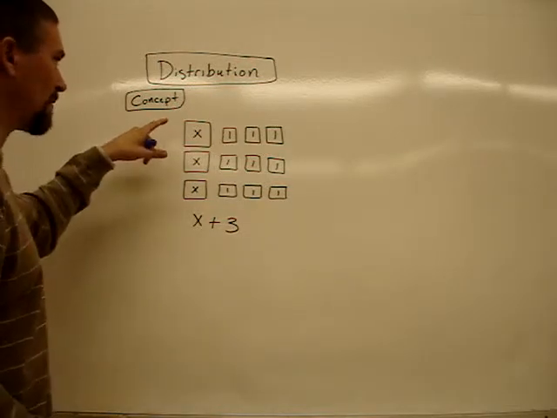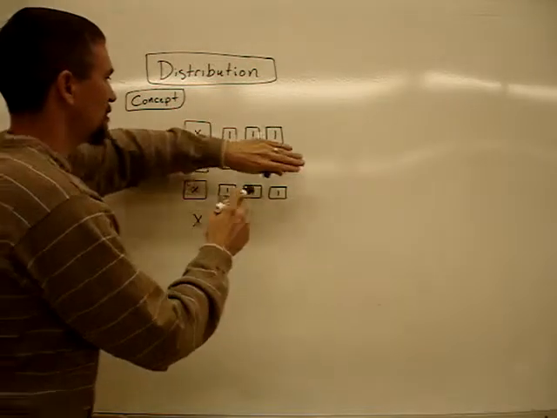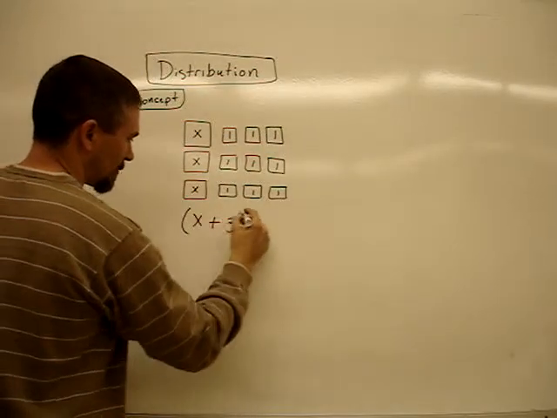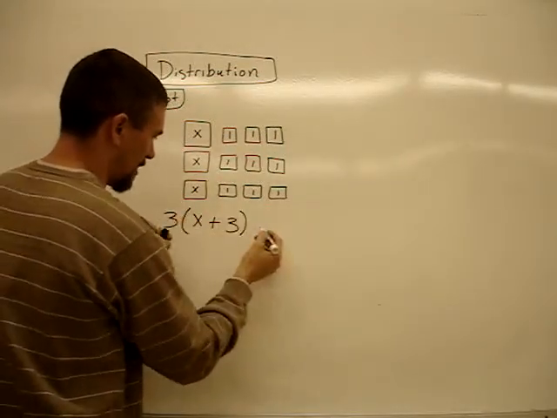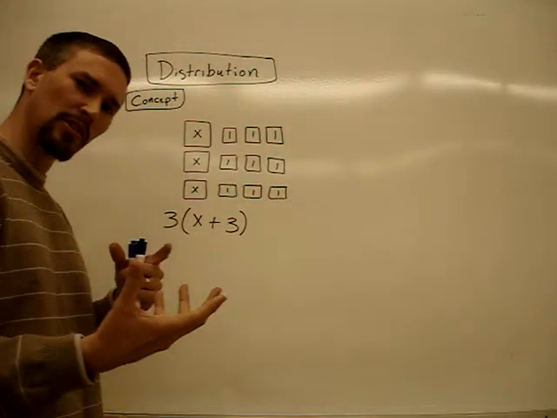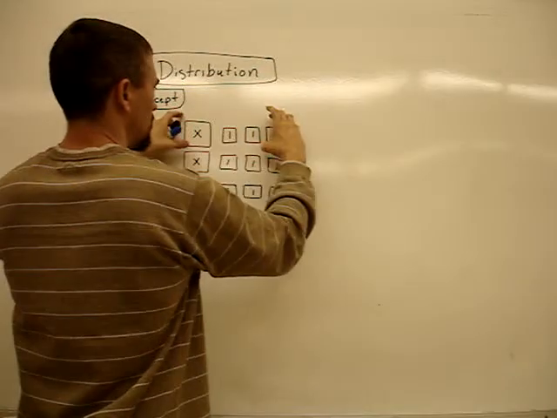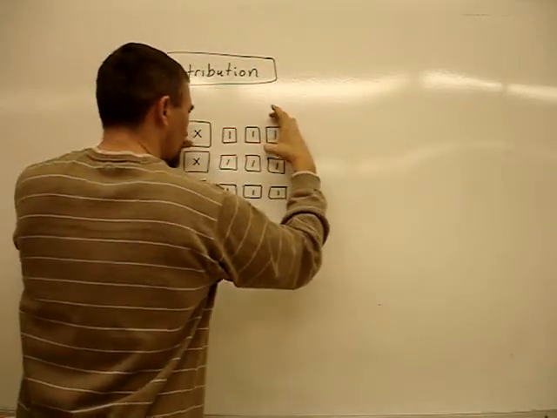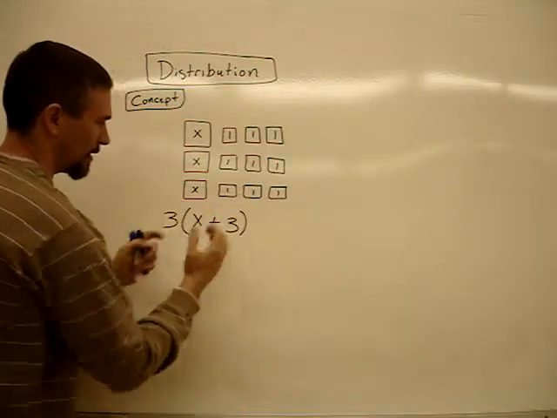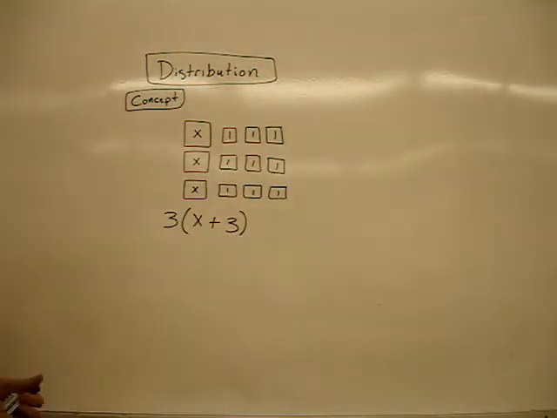So now you've got this original thing that you had, X plus 3, 3 times. They gave you 3 of them. So that's how you would write that. And I think that should make sense to you. X plus 3 is what this is, and you've got it 1, 2, 3 times. So 3 times that whole thing is what you would write.